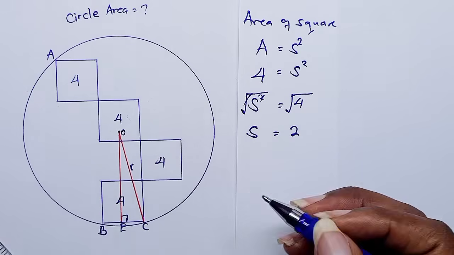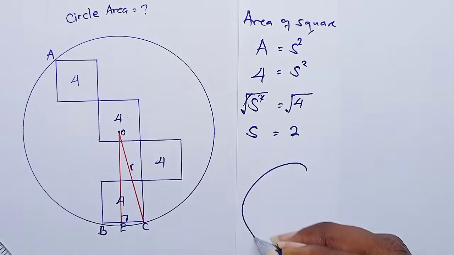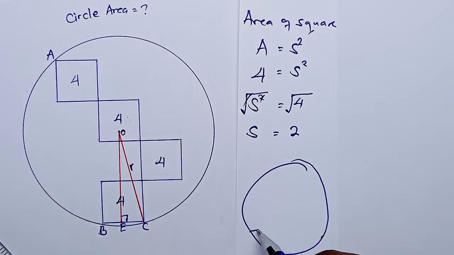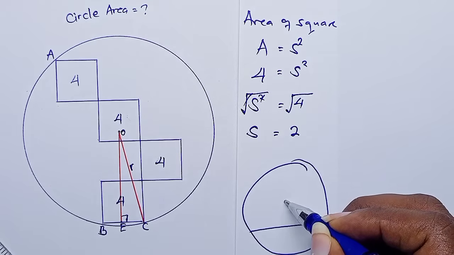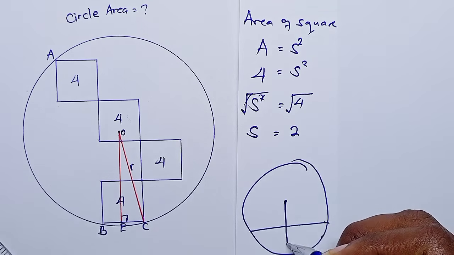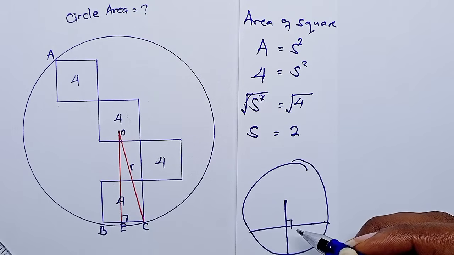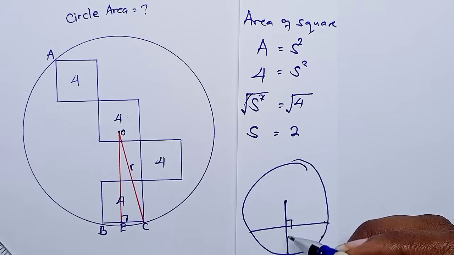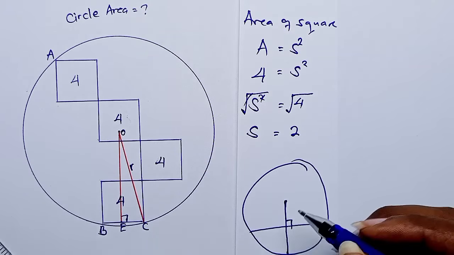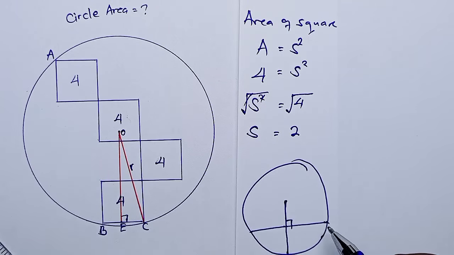Now, we know from the chord of a circle theorem that if you have a chord and this is the center, the radius or diameter which is perpendicular to a chord divides it into 2 equal parts. Therefore, this part from here to here is equal to from here to here.